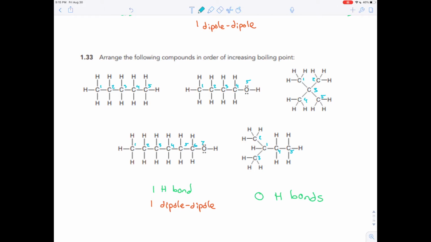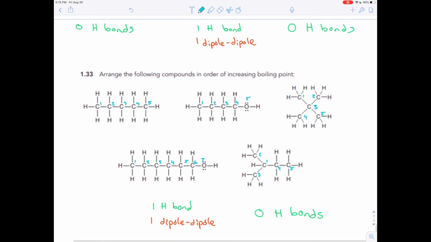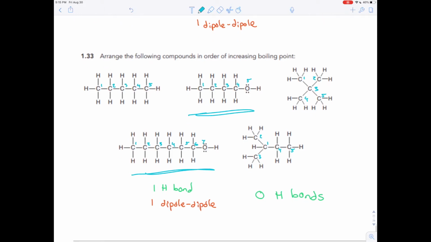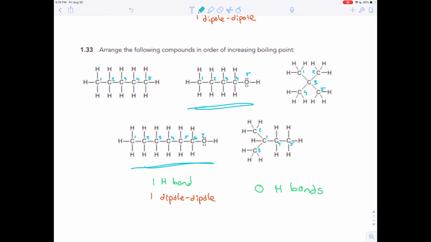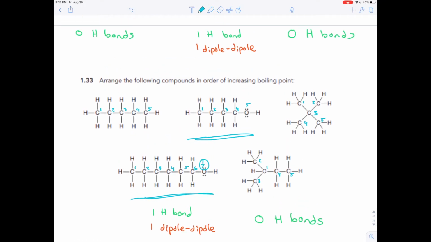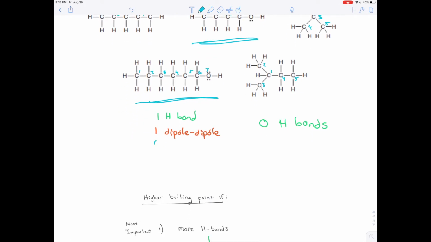So here, from our two that have been tying so far, that are in competition for highest boiling point, this one and this one, does one of these have more atoms? And it does. The one at the bottom has 7 that are significant, and the one at the top would have 5. So the bottom one has more atoms. And so that would have the highest boiling point.